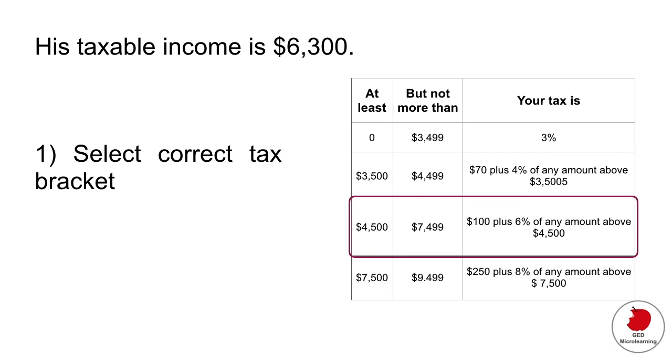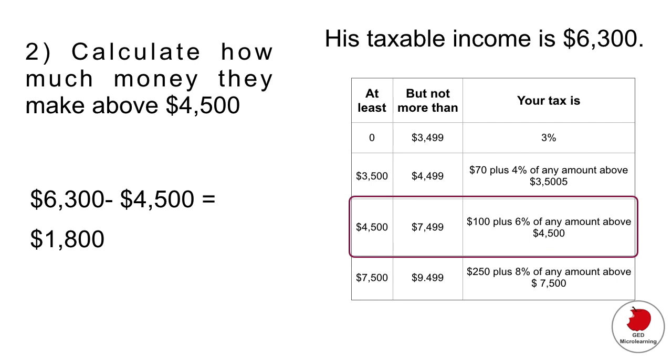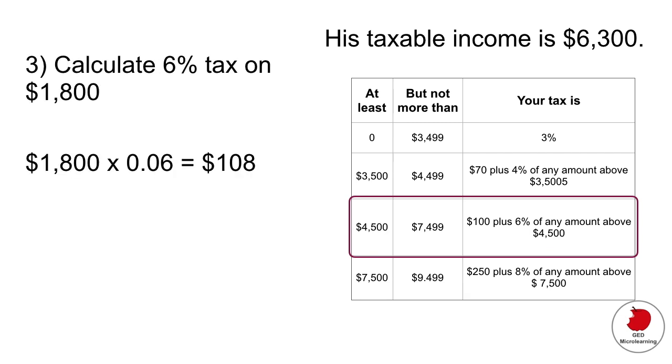So the second thing is to calculate how much money he makes above $4,500, because that's the amount that's going to be taxed. So we would subtract 6,300, which is his income, minus 4,500. That gives us the amount above that value, which is 1,800, and this is what is going to be taxed. Okay, so then step 3 is to calculate the 6% tax on this amount.